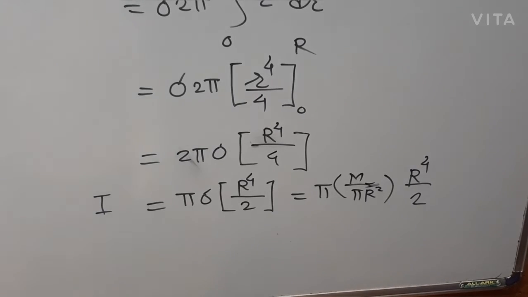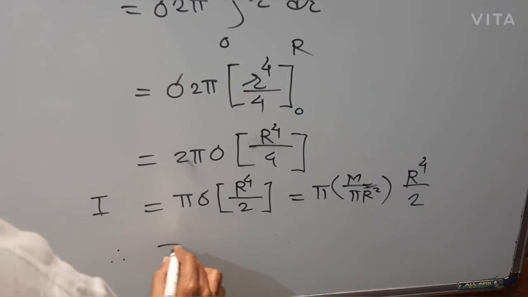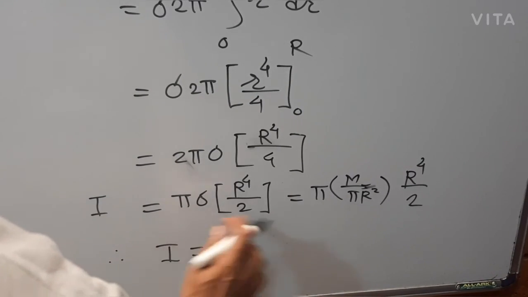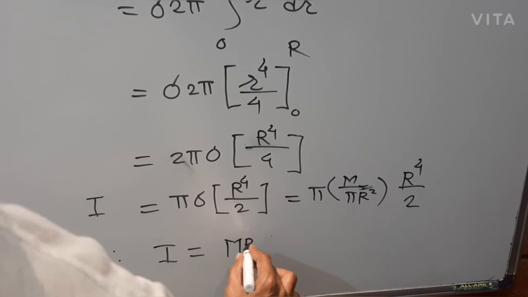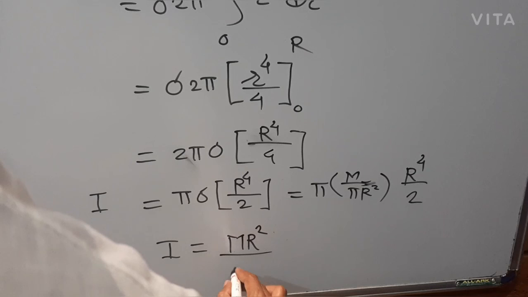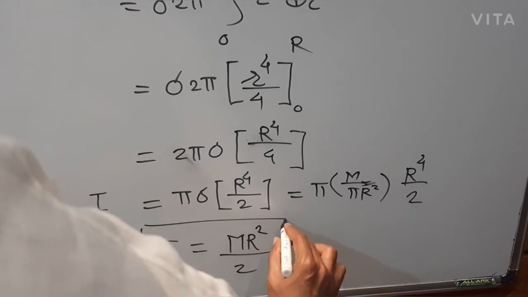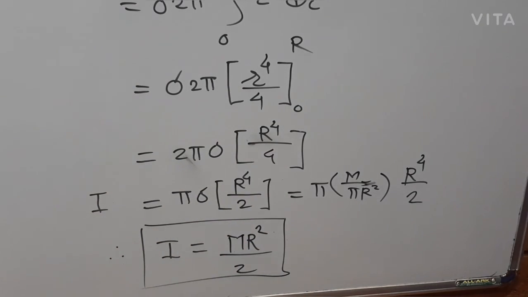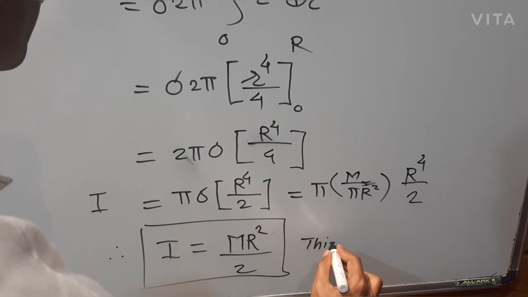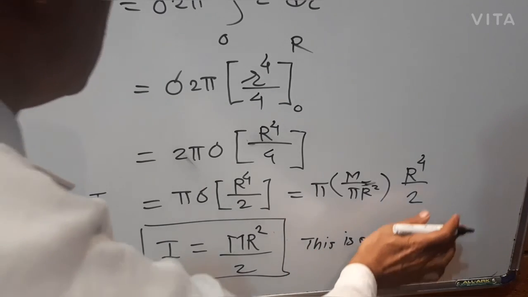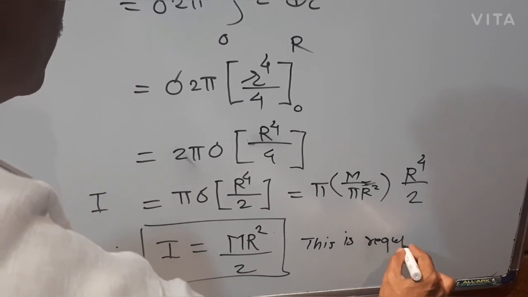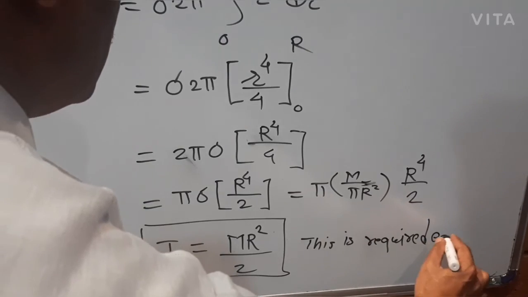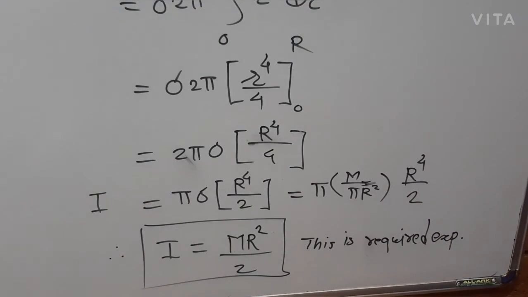And therefore our main equation becomes I is equal to M R square divided by 2. This is the required expression.